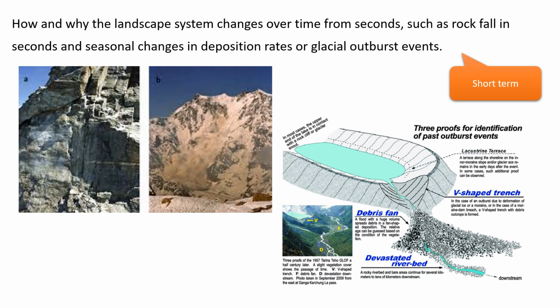You can also find changes that happen over seasonal periods. If you're looking at depositional rates, particularly during periods of deglaciation, you will find that during spring and summer you'll get more rapid deposition because there's more rapid movement and erosion, there's more energy in the system than there would be in winter.